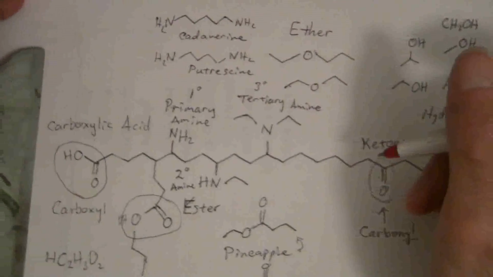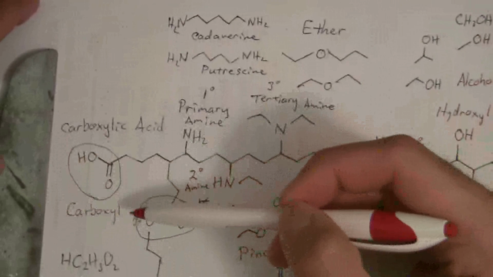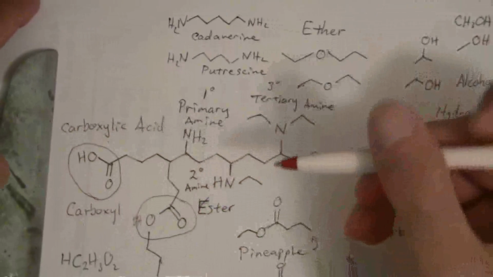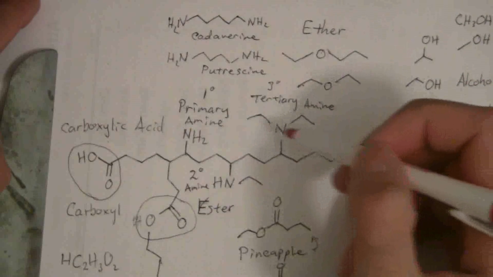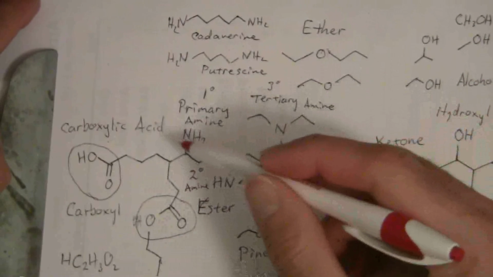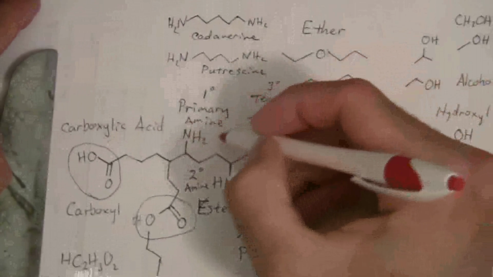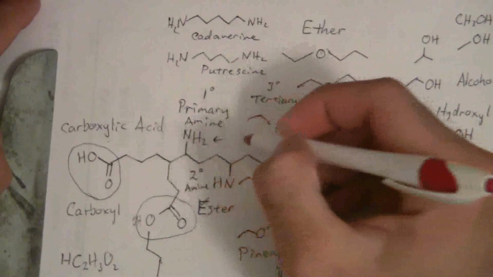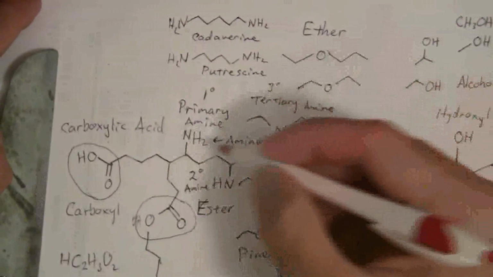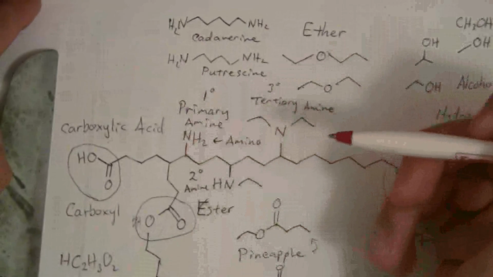Okay, now just like compounds with the carboxyl group are called carboxylic acids, the group that makes a molecule an amine, that group is actually called an amino group. Okay, so this is an amino group, and the molecule is an amine.